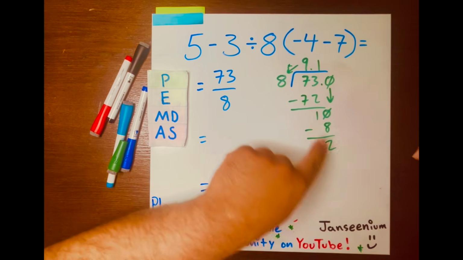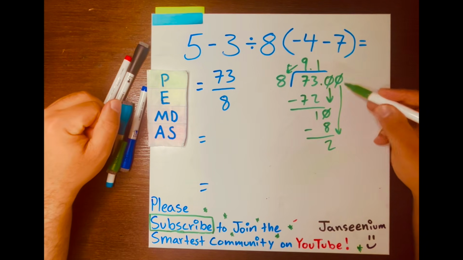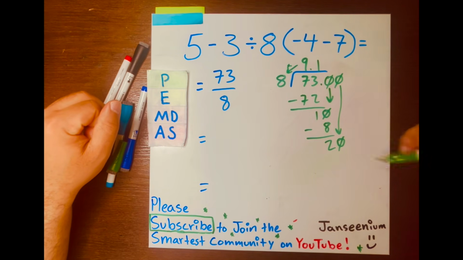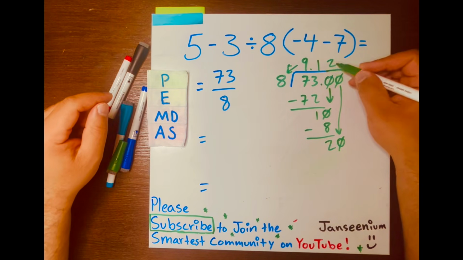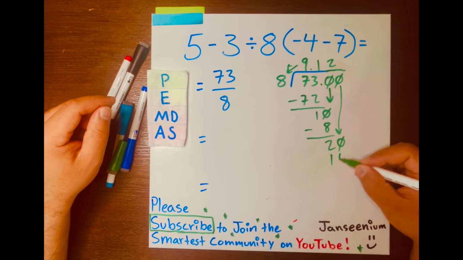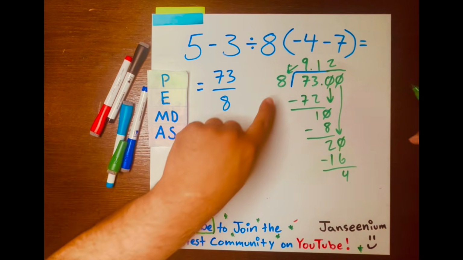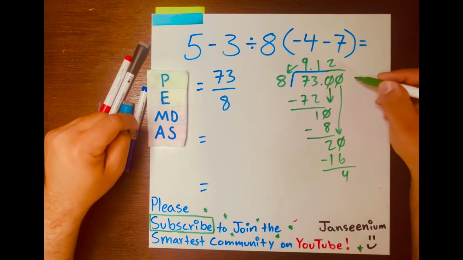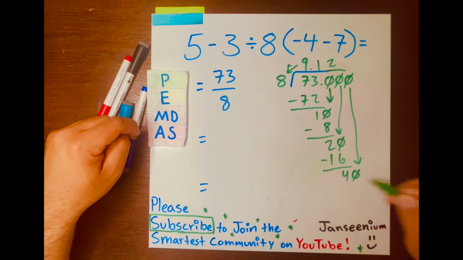You can't fit 8 into 2, so the 2 needs to borrow a 0. So drop the 0, give it to the 2. Now the 2 becomes 20. How many times can 8 fit into 20? 2 times. And 2 times 8 is 16. And then 20 minus 16 is 4. You can't fit 8 into 4, so the 4 needs to borrow a 0, and the 4 becomes 40.